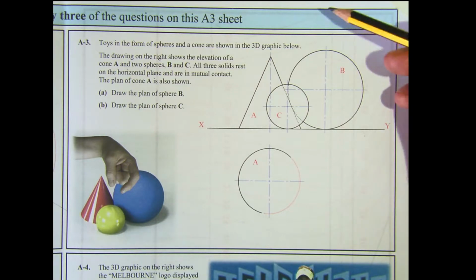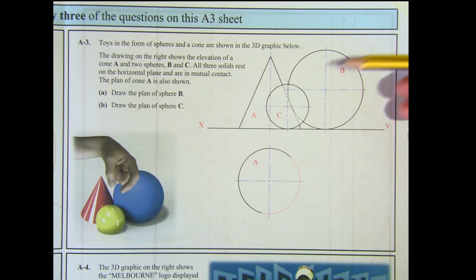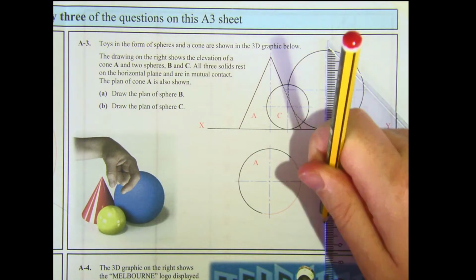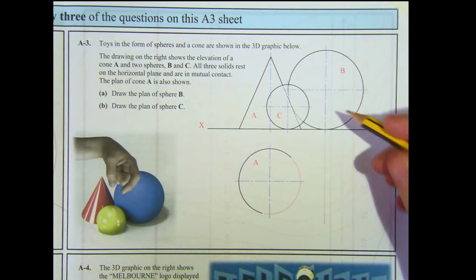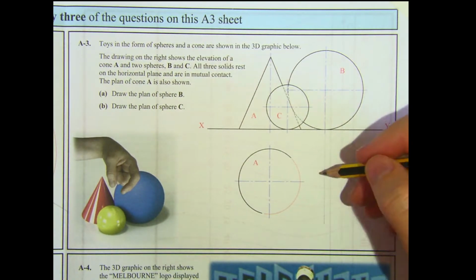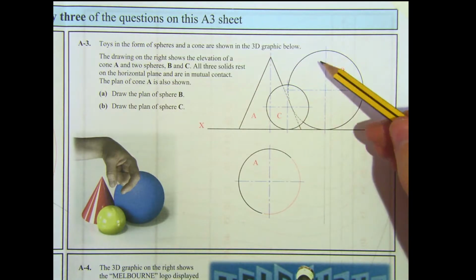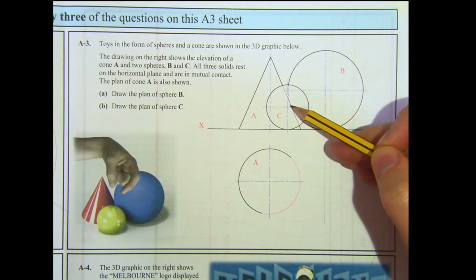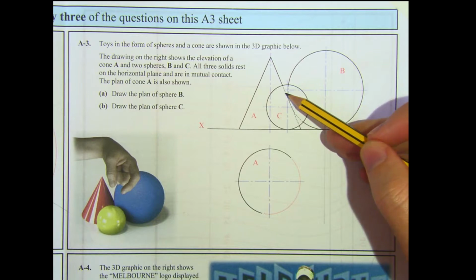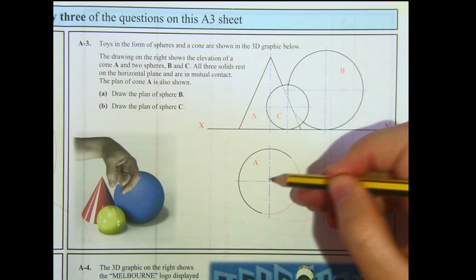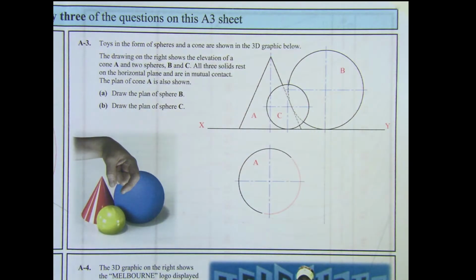So what we're going to do first is project the center from B down into the plan. It's going to be down here somewhere, so the center is somewhere along that line, and we need to figure out where. If we ignore sphere C for the moment, we can see that B and A touch off each other and they don't appear to overlap each other. What that tells us is that the center of A and the center of B are horizontal to each other.